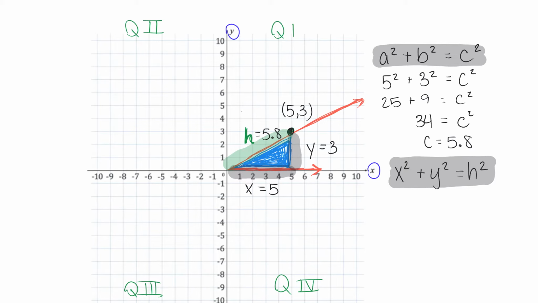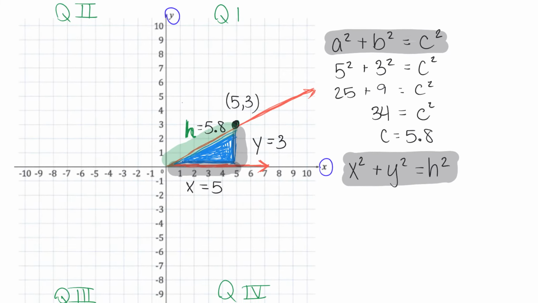Now let's throw another piece into this. If this is a triangle, we know that we can use SOHCAHTOA on it, right? And we know that this is theta right here. The angle that is near the origin of the graph is going to be our theta. So if this is theta, what is another name for y?